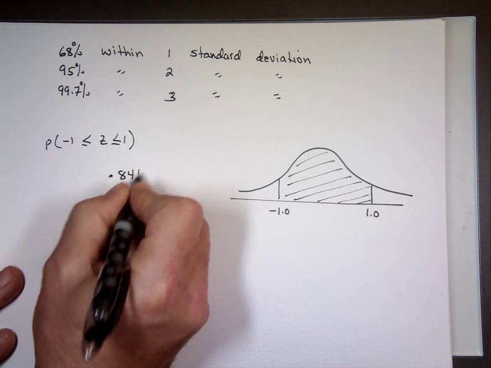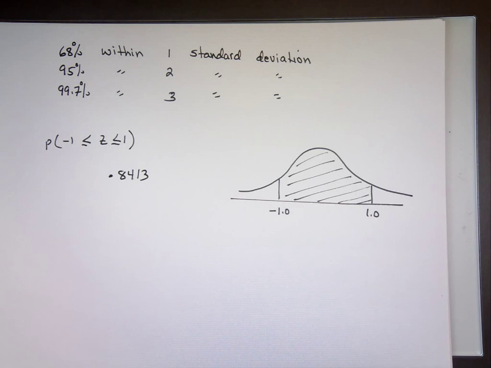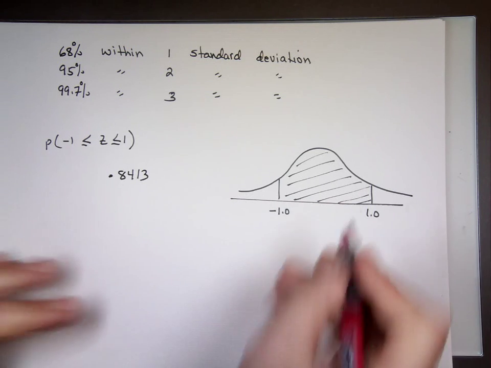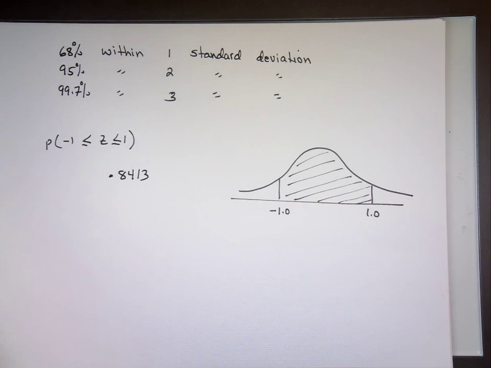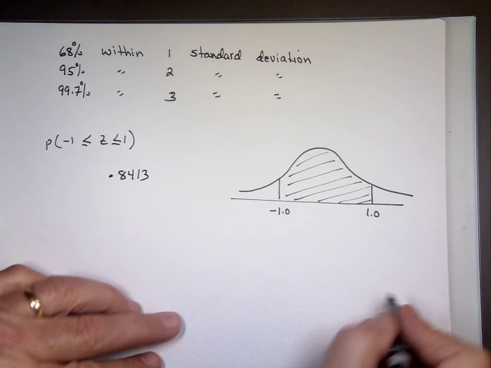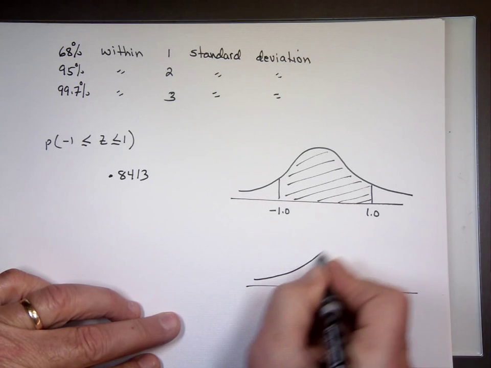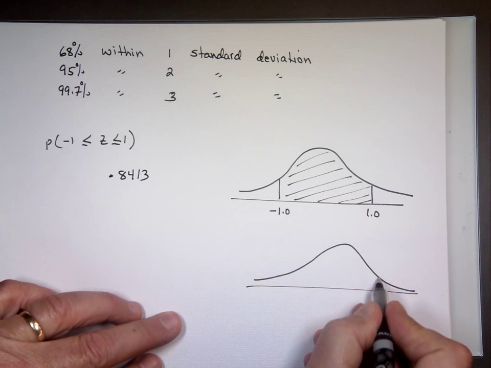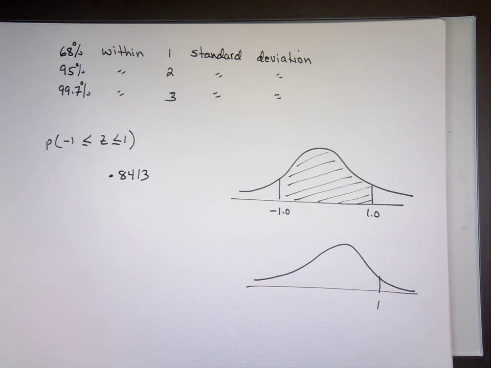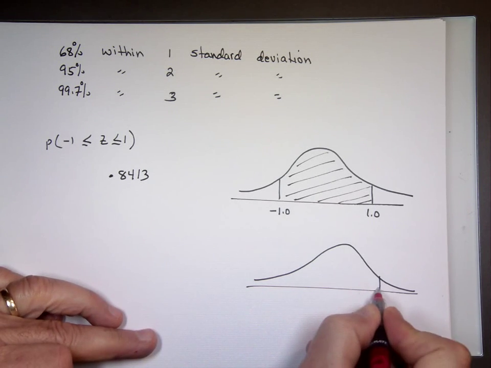But if I do that, I'm actually getting this area. If I look at the area to the left of 1, I'm getting all of this.